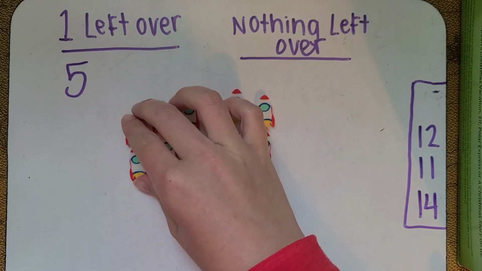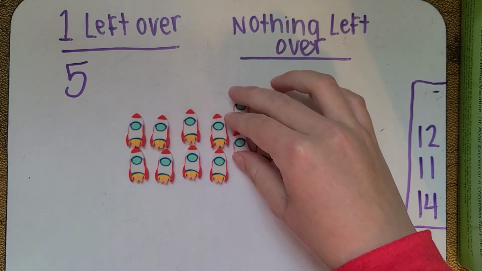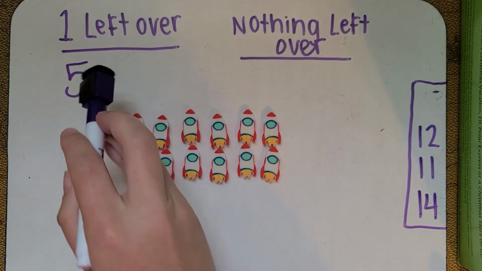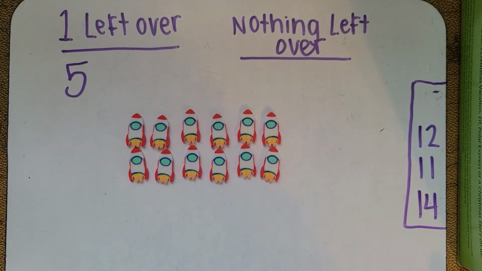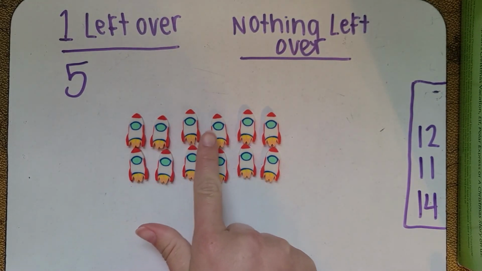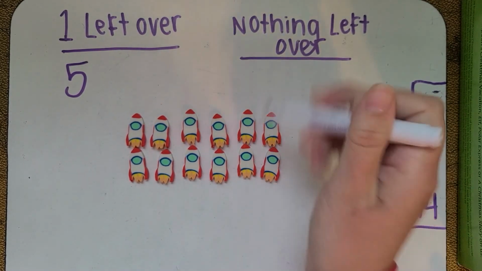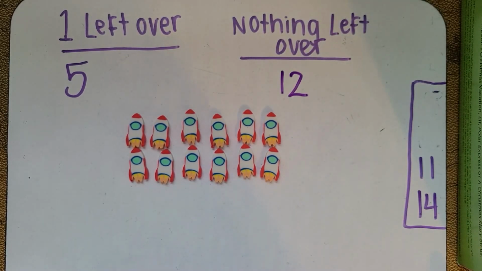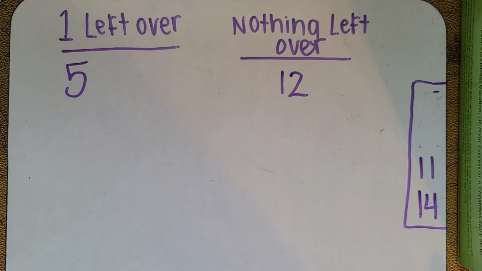I was able to count by 2s the whole time, making pairs, and I didn't have any left over. So think, is 12 going to go in the 1 left over column or the nothing left over column? All my rocket ships have pairs. So we're going to take 12 out of this box and put him in the nothing left over column. All right, I'm going to collect up my rocket ships. We're just going to sweep them away.